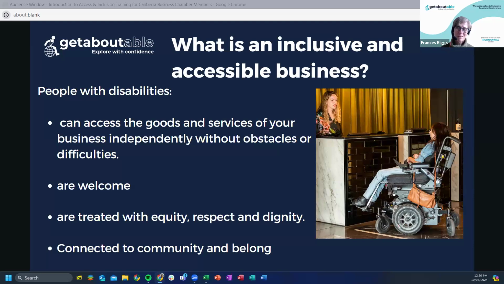The diversity of customers of all abilities are welcome and treated with equity, respect and dignity, and they experience being connected to the community and feel they belong. Accessible and inclusive improvements don't need to be expensive. In this picture, we can see a person with disability who mobilises in a motorised chair, approaching the service desk, attended by a customer service staff member.